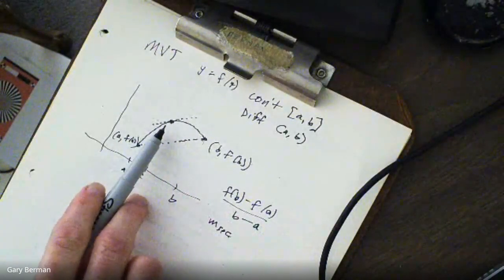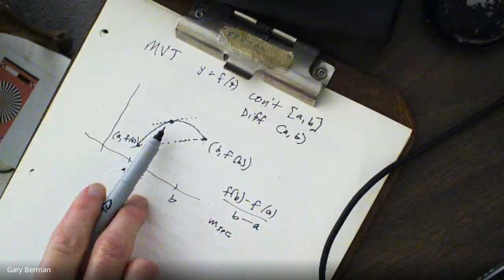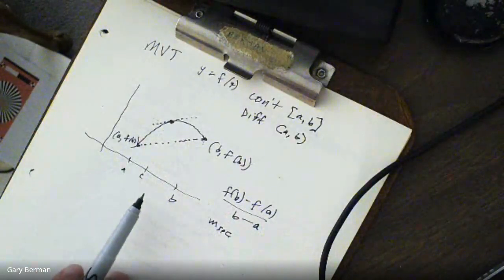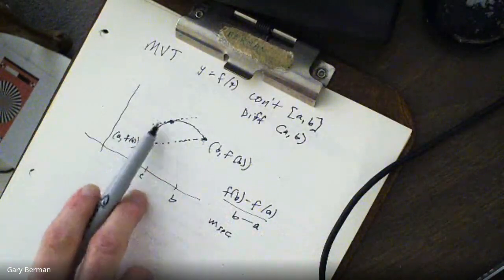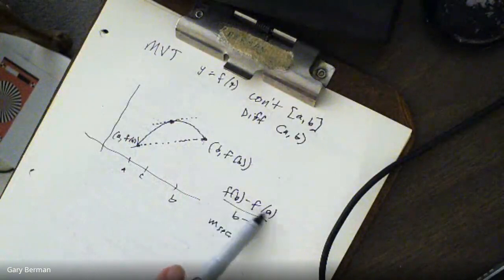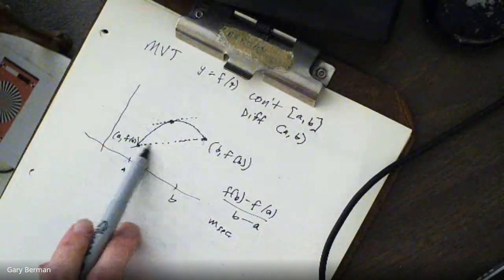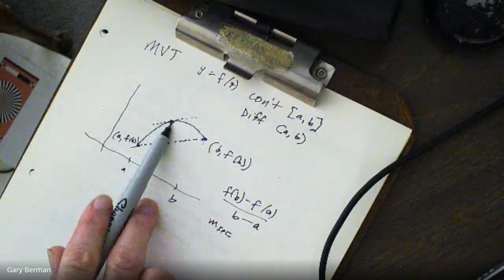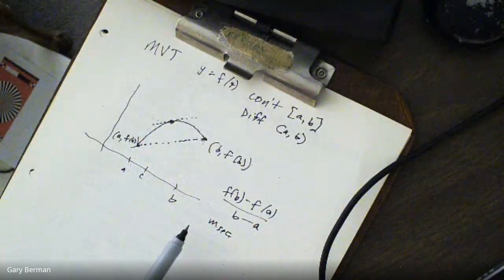Well, the slope of the tangent line is the derivative at c. Remember, everyone's got to know that's a geometric interpretation of derivative. It's the slope of the tangent at that point. So what we're saying here is these two lines are parallel. That means they have the same slope. It means that this expression, f of b minus f of a over b minus a, which is the slope of the straight line, has to equal the derivative at the point c, because it's the same slope.